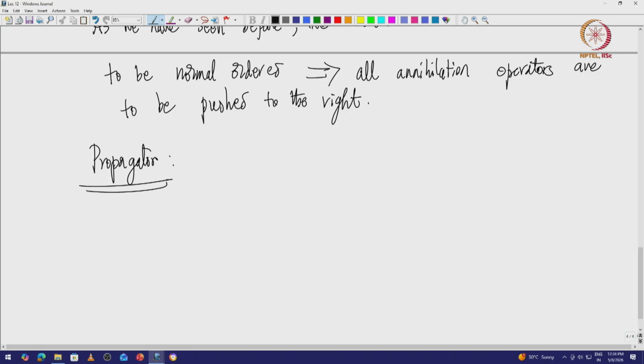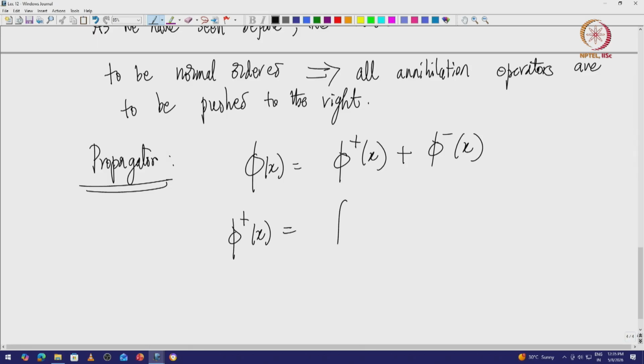So to define the propagator, let's write phi of x as phi plus of x plus phi minus of x. What phi plus takes out is the annihilation operator with positive wave functions essentially.